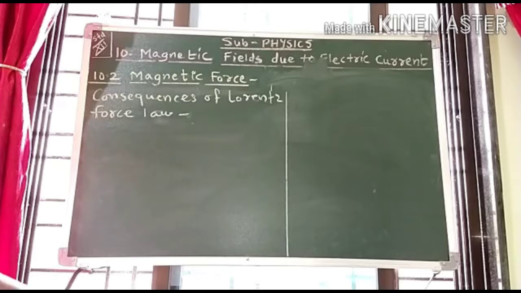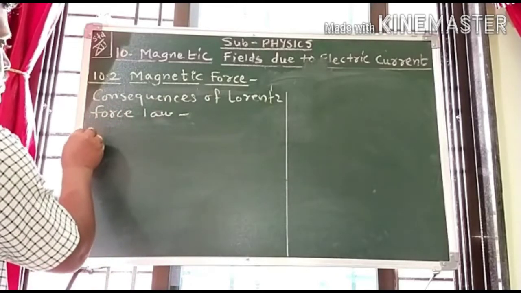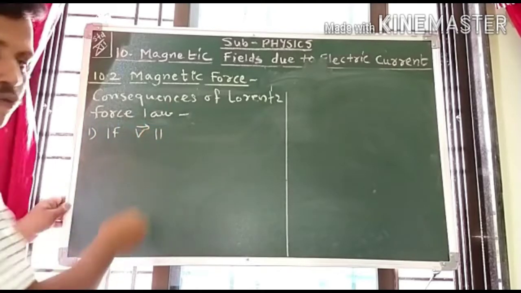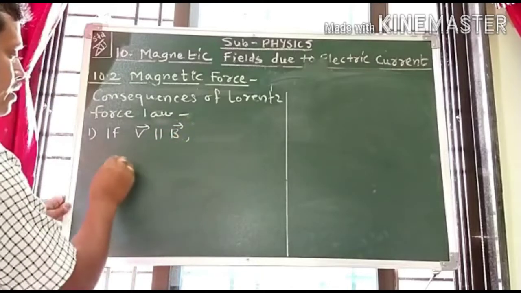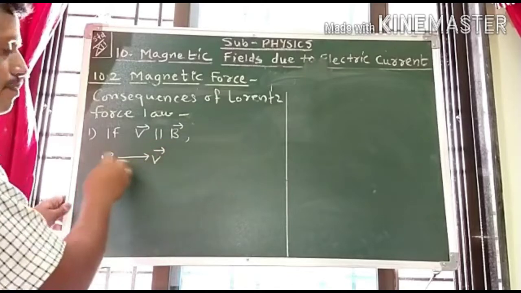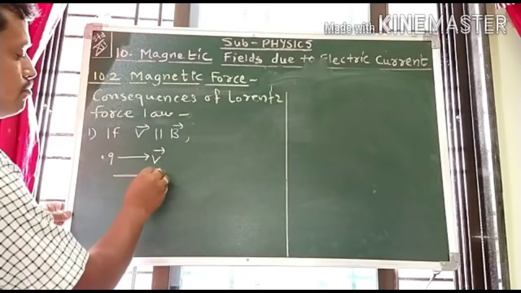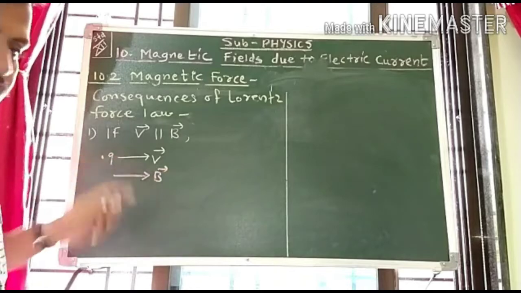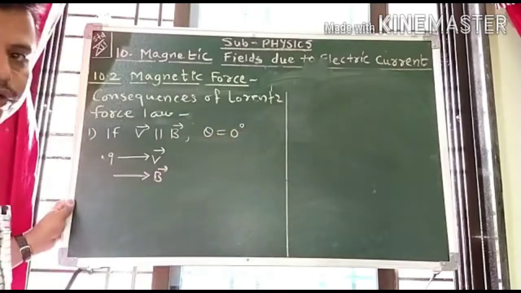Here we will derive some consequences of the Lorentz force law. First, suppose charge Q moves in a direction parallel to the external magnetic field B. This is the charge Q moving with velocity v in a direction parallel to the external magnetic field B, which means the angle theta between these two vectors becomes 0 degrees.